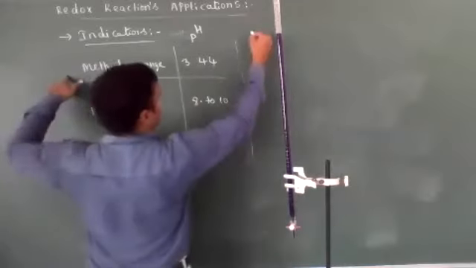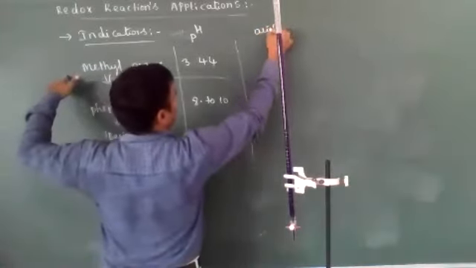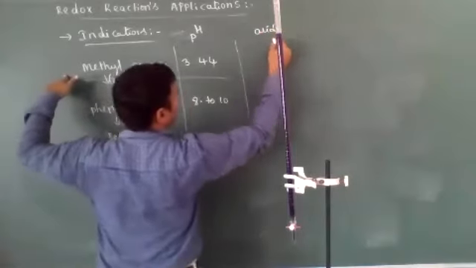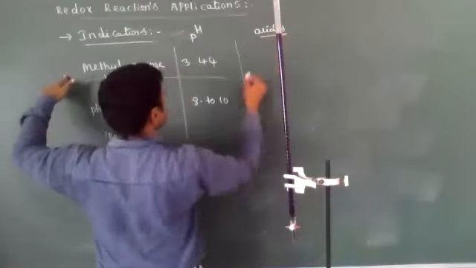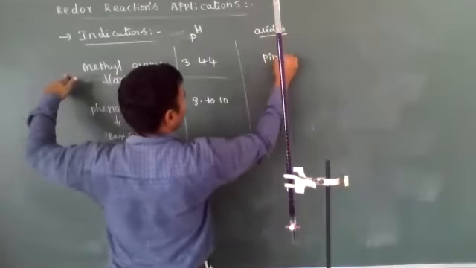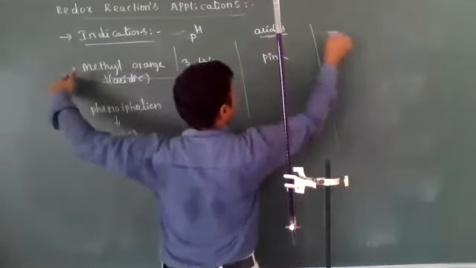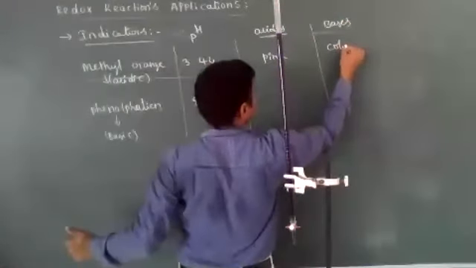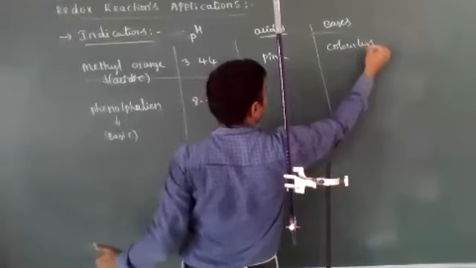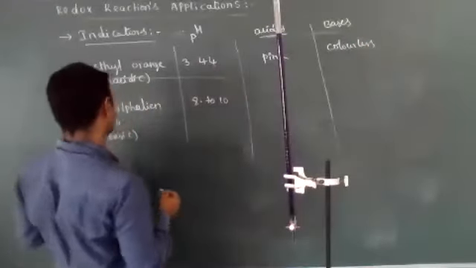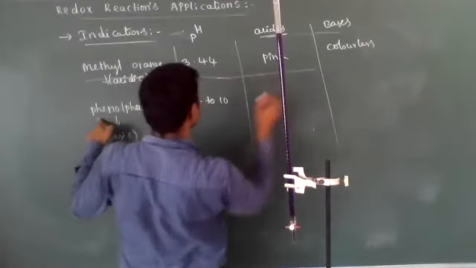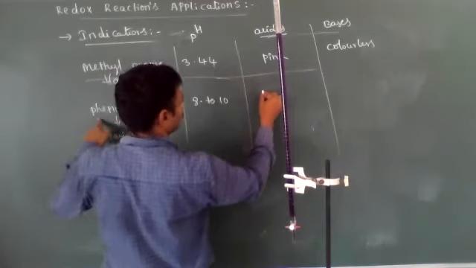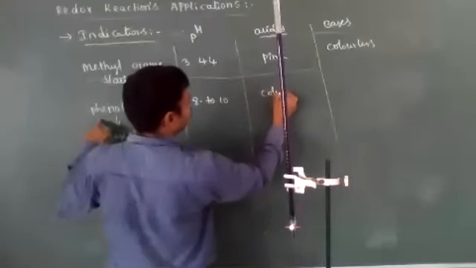This methyl orange indicator in acids gives pink color, but in bases it is colorless. But the phenolphthalein indicator in acids is colorless.